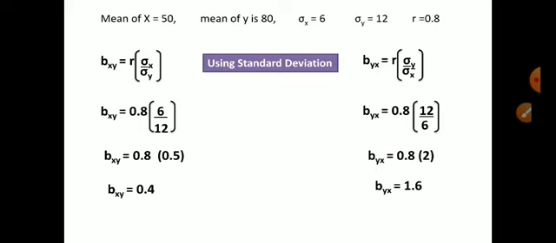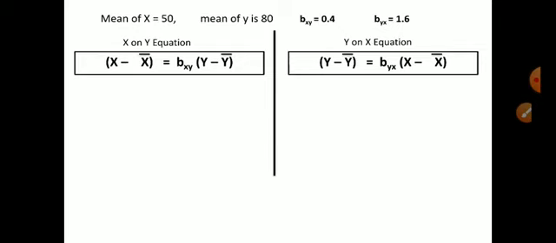Now we are going to substitute everything into the regression equations. They have already given the means, x bar as 50 and y bar as 80, and we got bxy and byx. Okay, what are the regression equations? X on y is nothing but x minus x bar is equal to bxy into y minus y bar, and the regression equation y on x is nothing but y minus y bar is equal to byx into x minus x bar.